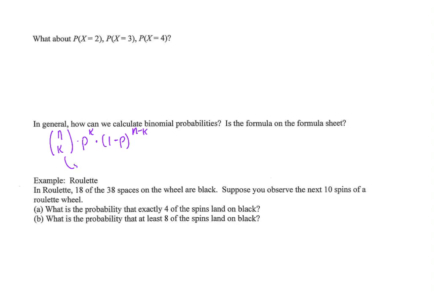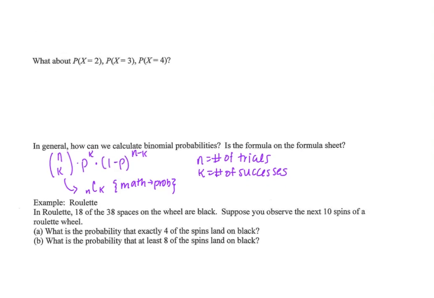This n choose k notation is n choose k in the calculator. If you go to math, probability, you'll see it in the options. And n is the number of trials, and k is the number of successes.